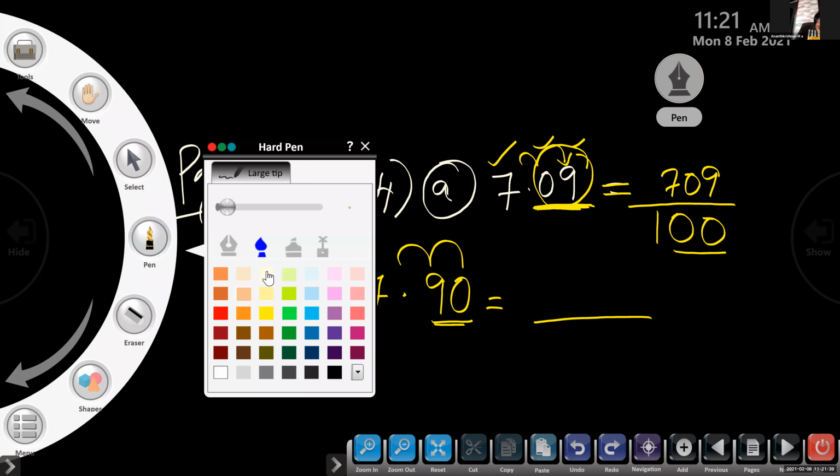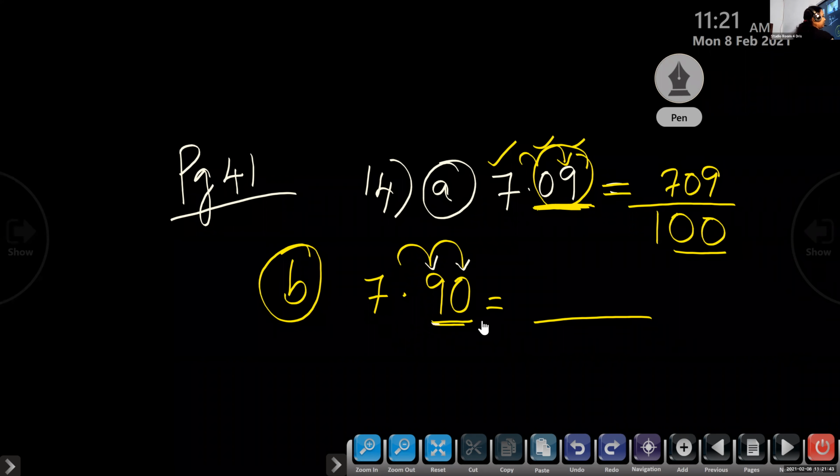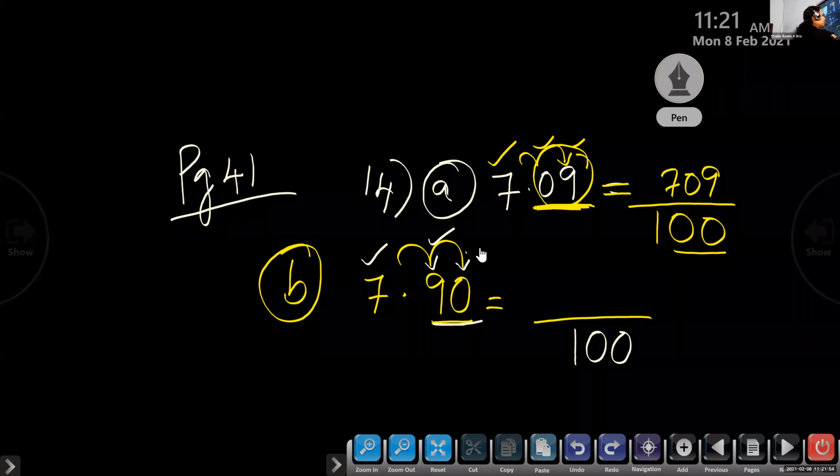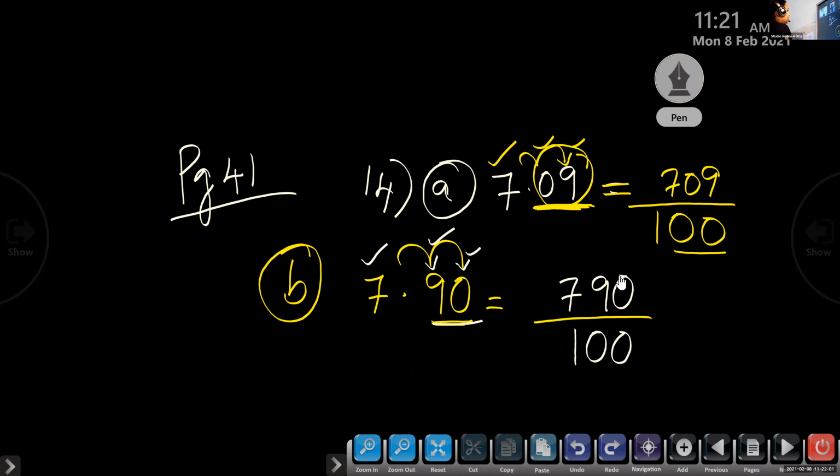After the decimal point here 1, here 2. So in the denominator, 100, how many zeros? 2 zeros. So what do you have to do then? Just write the numerator as the number given here, 790.